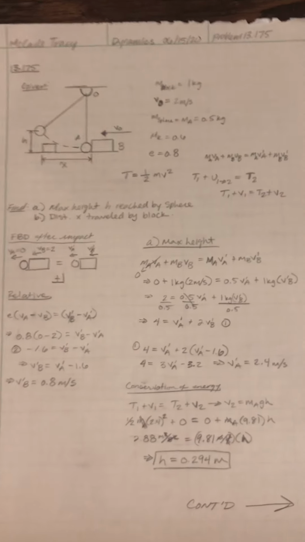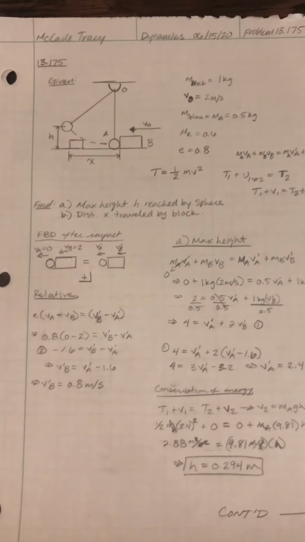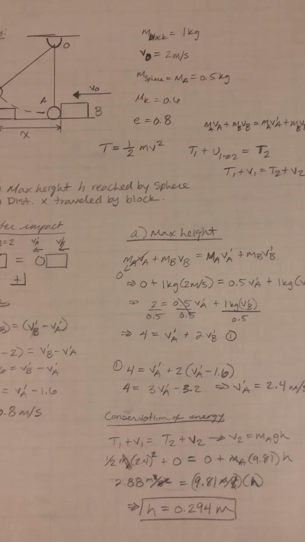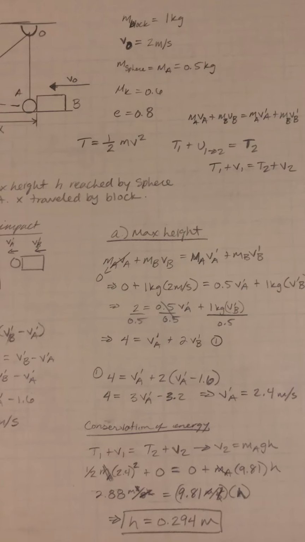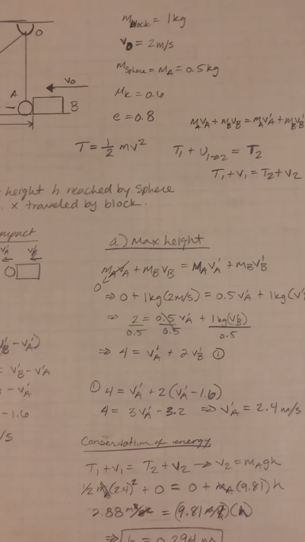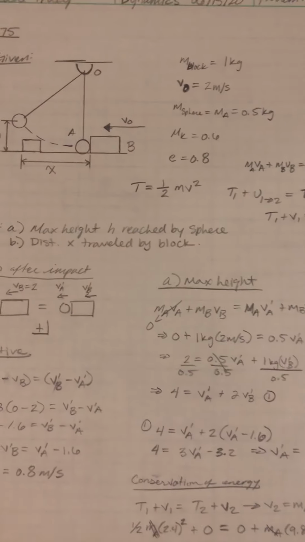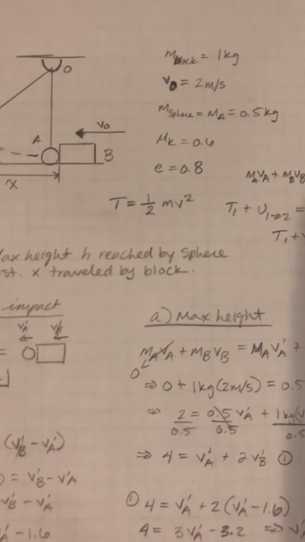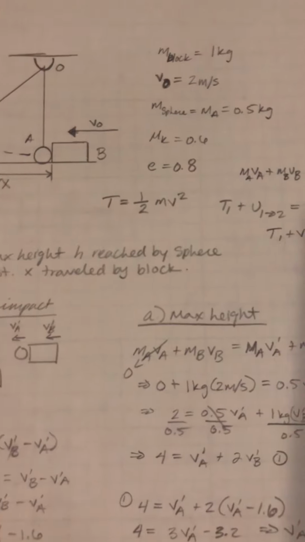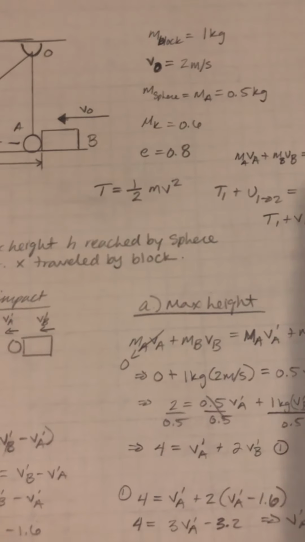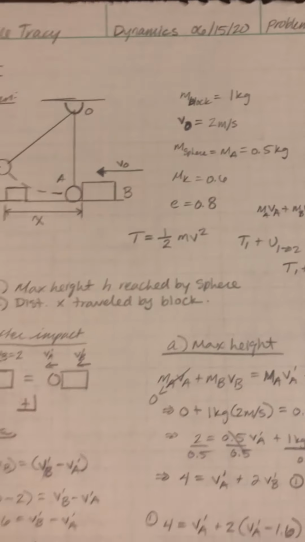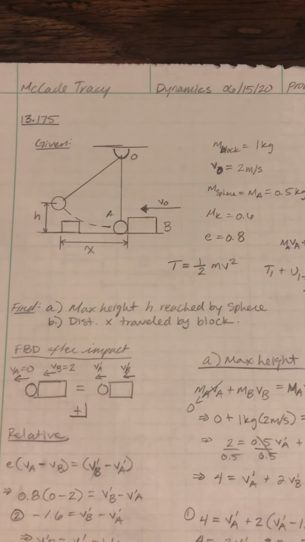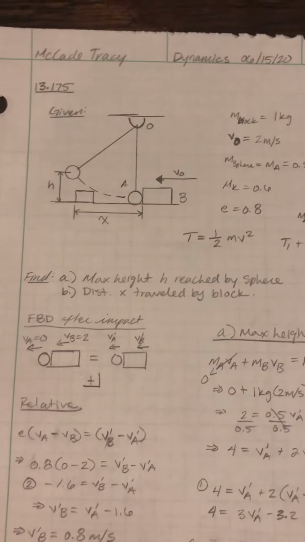So we have a ball or a sphere attached to a string that is not in contact quite yet with a block. And as the block gets pushed at 2 meters per second, it extends the ball up a certain height and moves the block a certain distance.